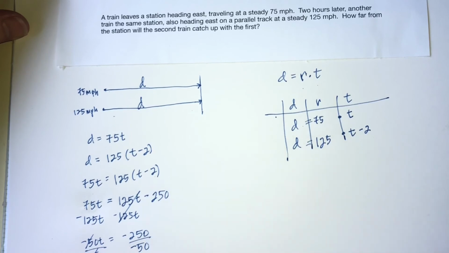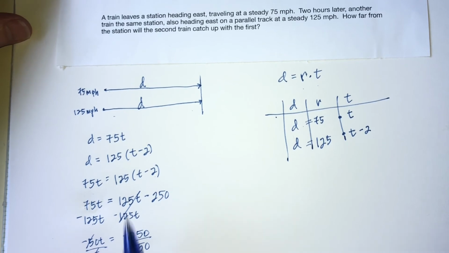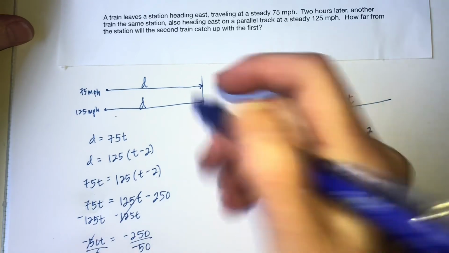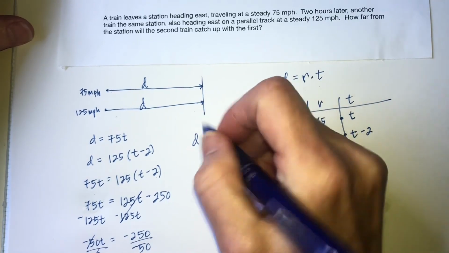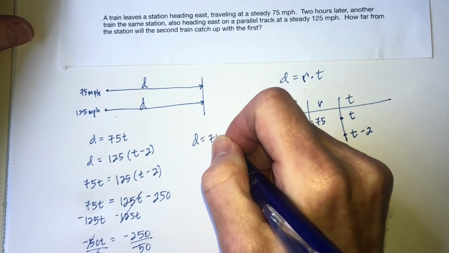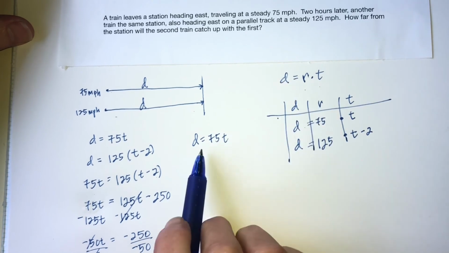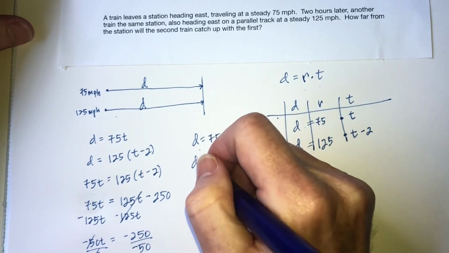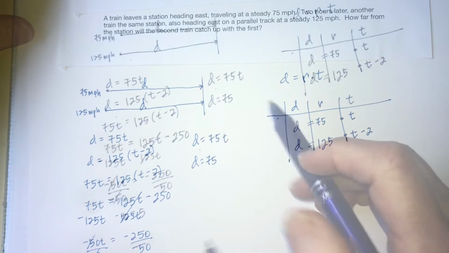All we have to do is plug this result we got for t, this 5, meaning 5 hours, into one of the original equations. I always like to go with the simplest equation, saves time. So we'll just rewrite the equation we're choosing right there. D equals 75 times t. And now we'll substitute for the t.